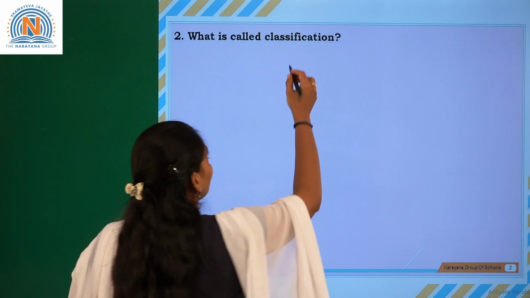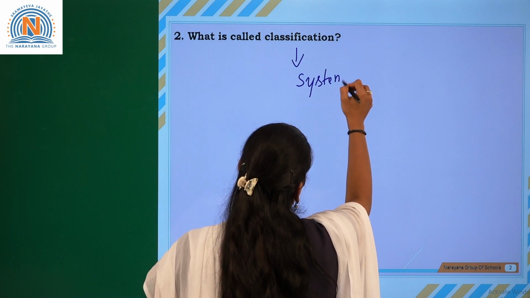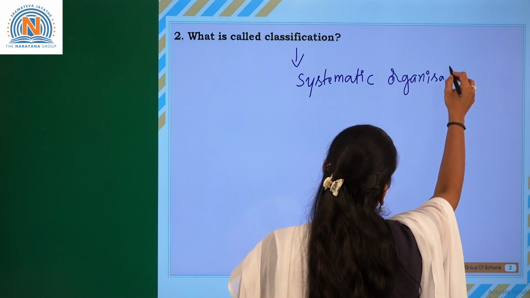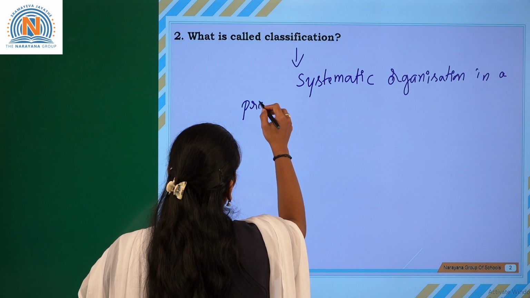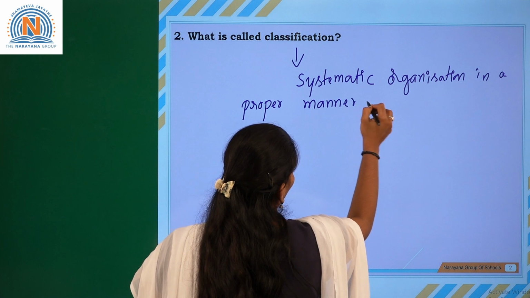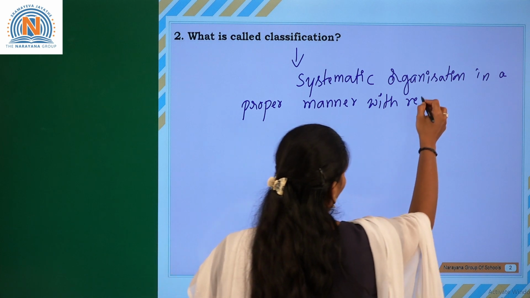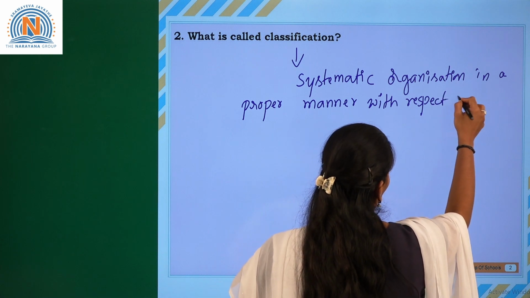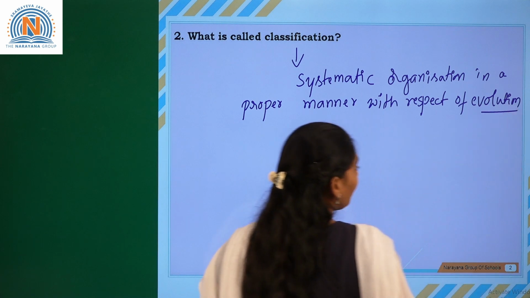So organizing of a systematic organization in a proper manner with respect of evolution. With respect of evolution, in the sense, what is meant by the evolution?